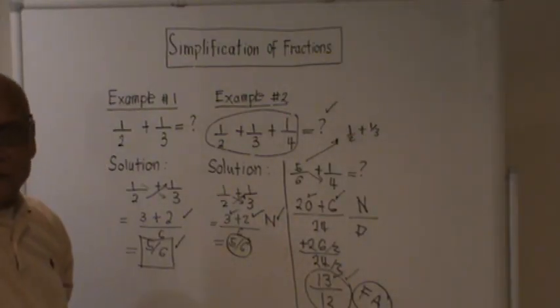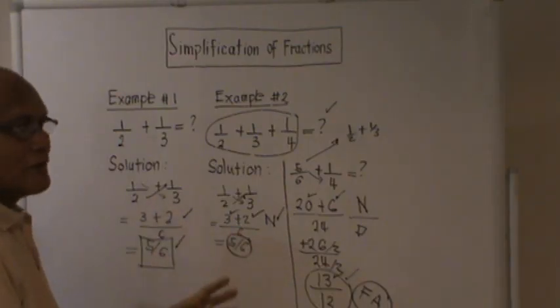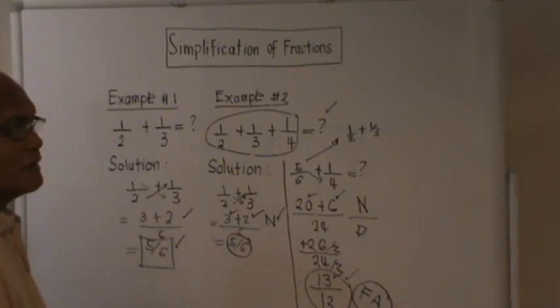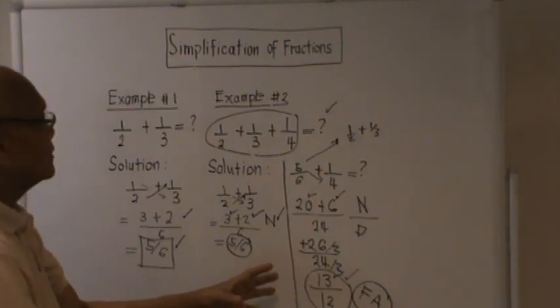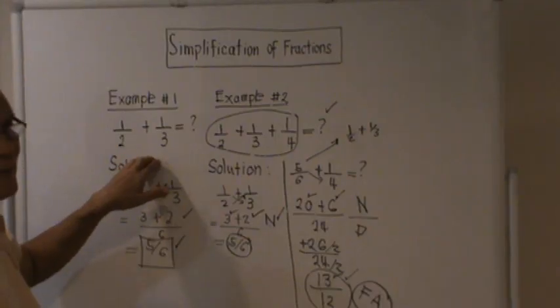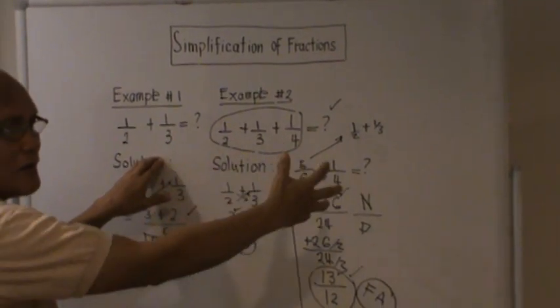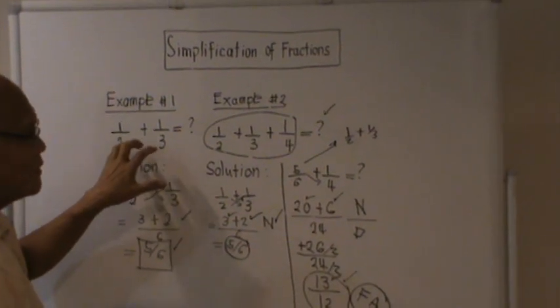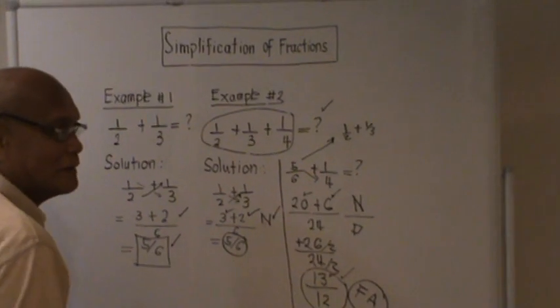Okay? So, for those of you who are taking up CET or SAT exams, the better way to understand the so-called simplification of fractions is start with the concept on how to simplify 2 fractions. And if there are 3 fractions, you just simplify the first 2, then you add up the 3rd, and so on.